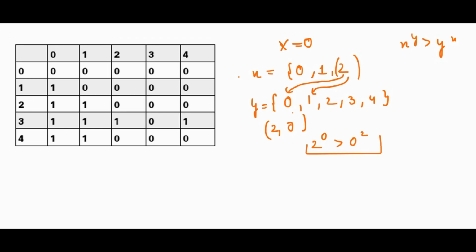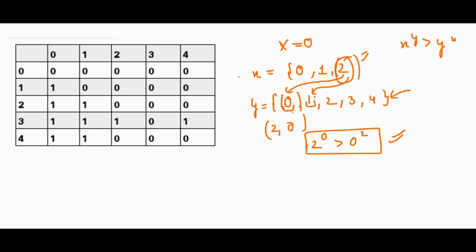Right? This is greater. But this should not be true. This is an exception because y is less than x. So this is another thing we have to take care of. When we have 2 in the x array and we have 0 or 1 in the y array, then we have to count the number of zeros and number of ones in the y array that can make the pair with 2.